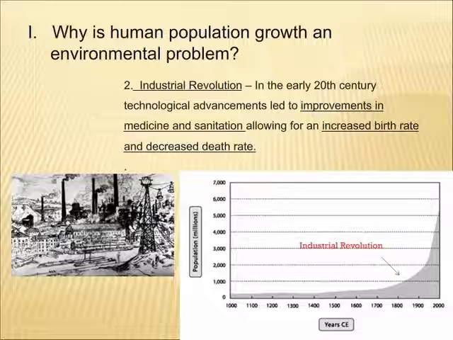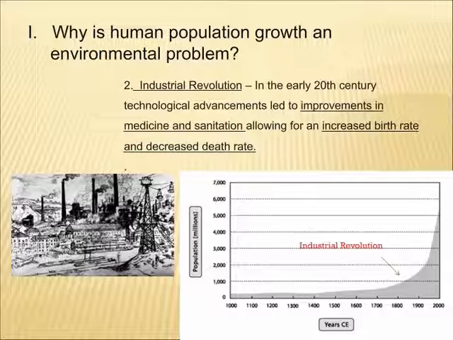So you have a place in your manual to sketch a graph of human population growth. So you need to do that now, showing it as a J-curve and indicating the time at which the Industrial Revolution would have occurred.